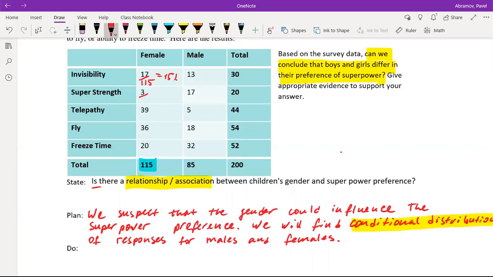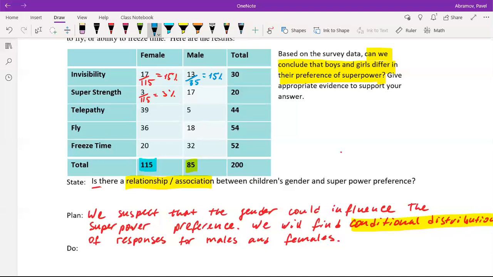Then we'll do that for the next one, which would be 3%, and so on. We'll do the same thing for the males. We have 85 males here, so we'll divide every one of their responses by 85. So it's about 15%, and so on.